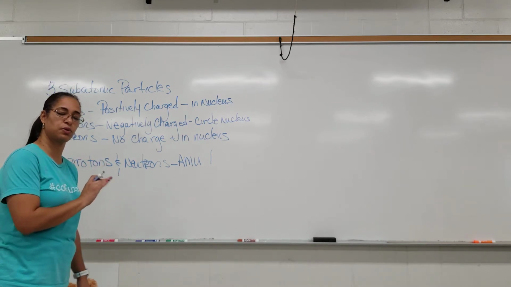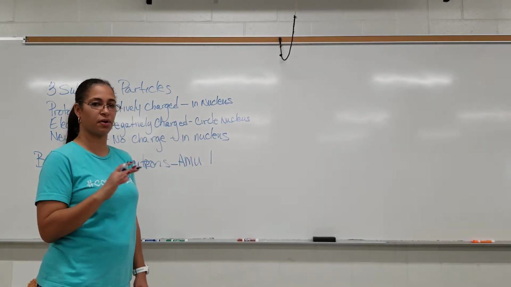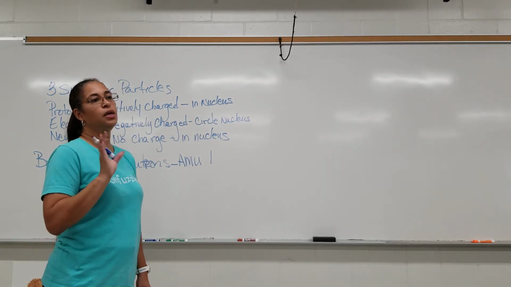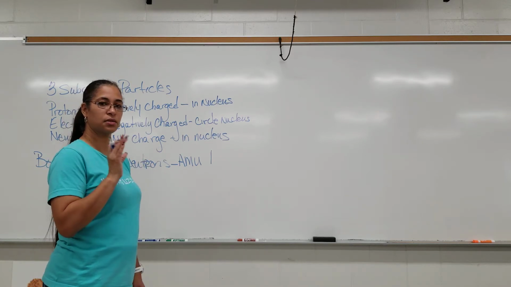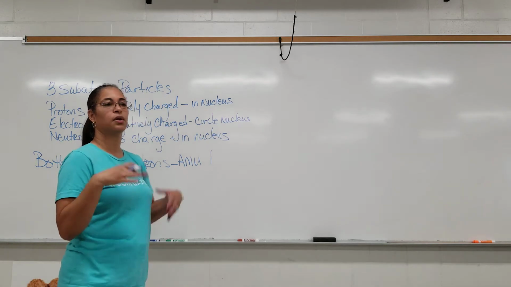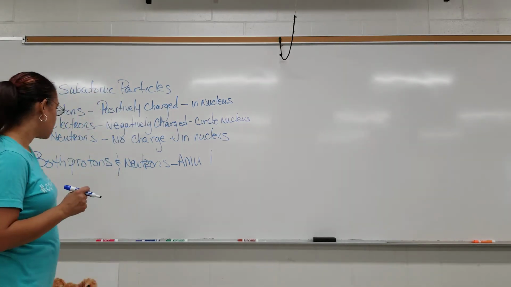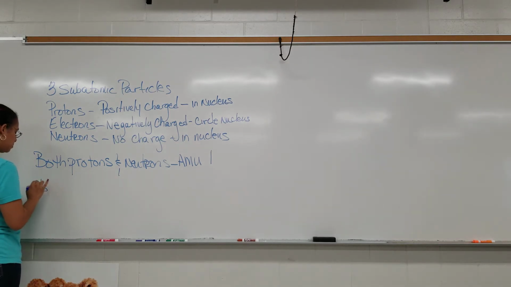Now, we're going to get into in a moment why it is that there are decimals in the atomic masses of the periodic table. But for now, just know that the mass of the proton plus the mass of the neutron will give you the atomic mass. Electrons are negligible.